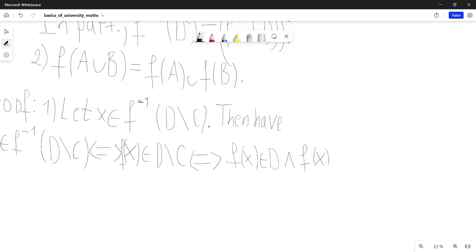f of x not an element, which is exactly the negation of being an element, right? That is, this is defined as being the negation of the statement that this is an element, right?